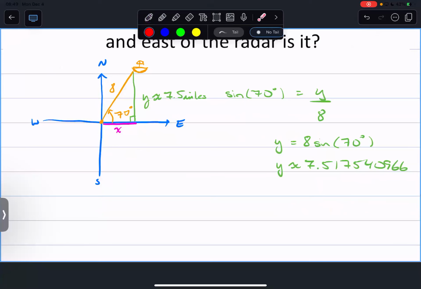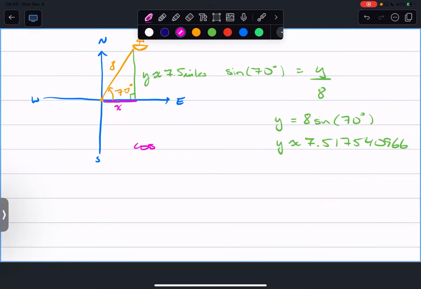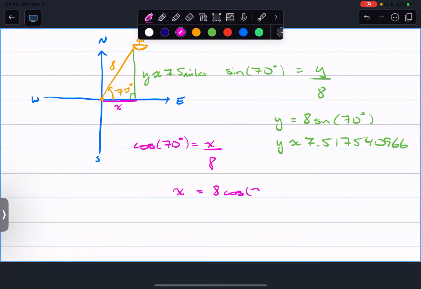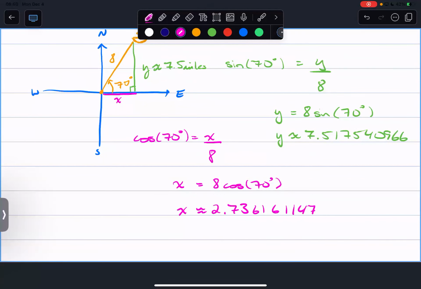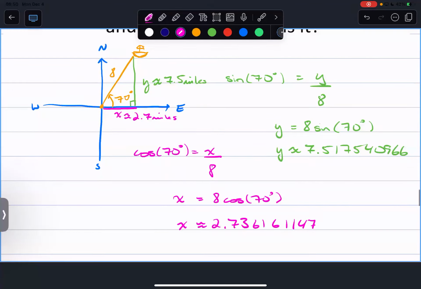So I'm going to say that cos of 70 degrees is adjacent over the hypotenuse, so x over 8, which means that x is 8 times cos 70 degrees. x is roughly 2.736161147, so 2.7 miles, roughly.